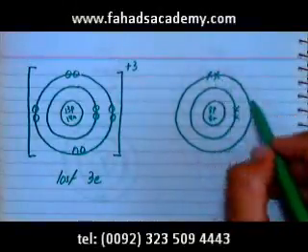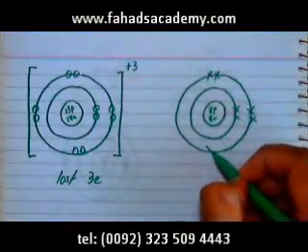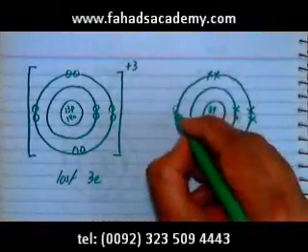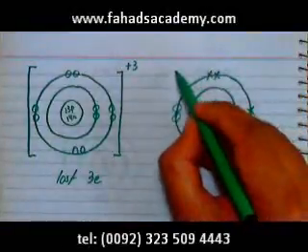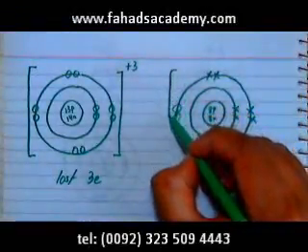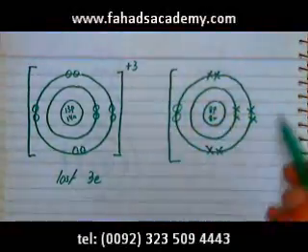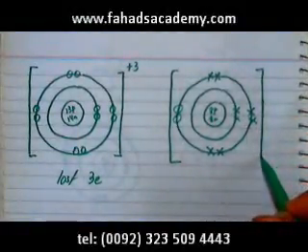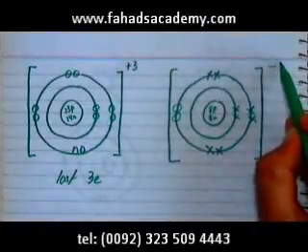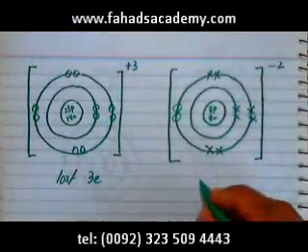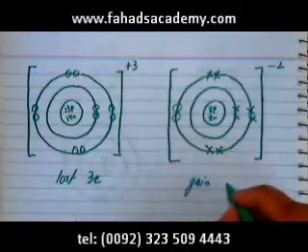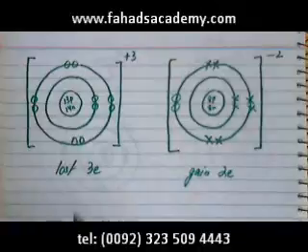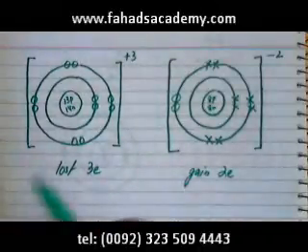The second shell has 6 electrons, and it's going to gain 2 electrons, which will be drawn with circles, and it's going to get a charge of -2. So this is going to gain 2 electrons.